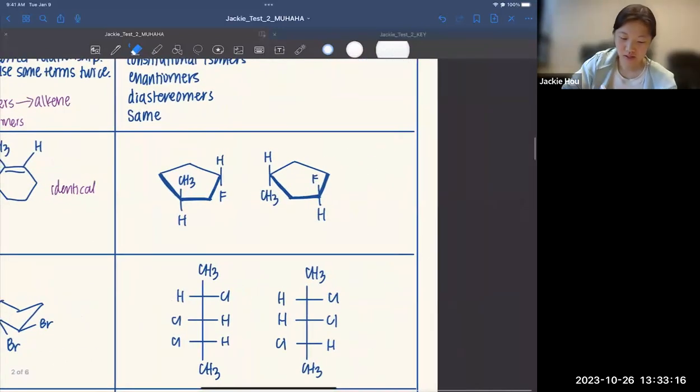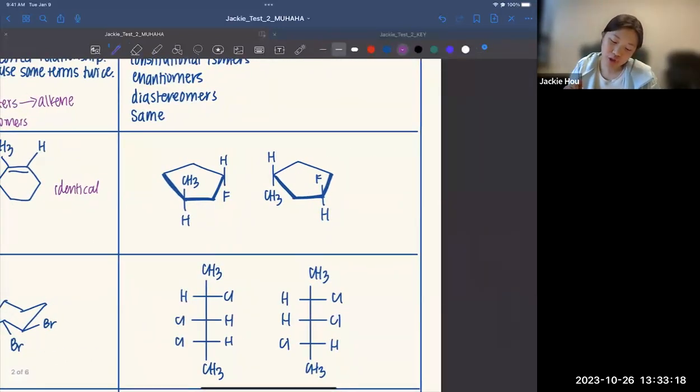Moving on, whenever you're given Haworth structures, you always want to draw them as a planar cyclopentane, in our case.